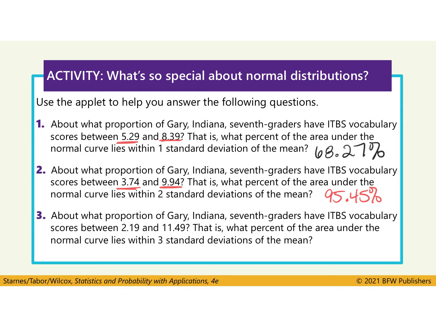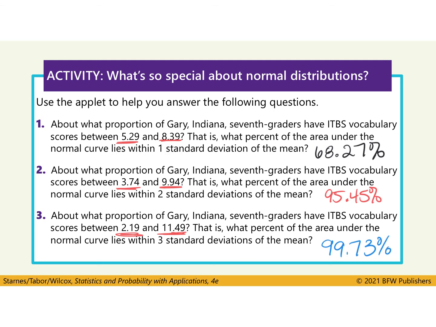And then can you find what percent we expect to be within 3 standard deviations of the mean? 2.19 and 11.49. 99.73?